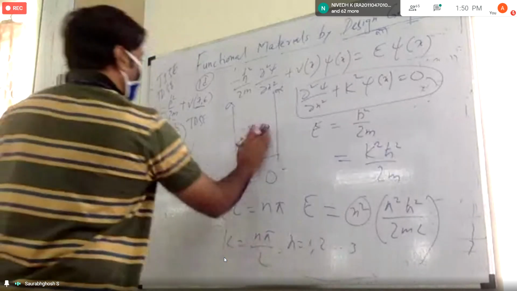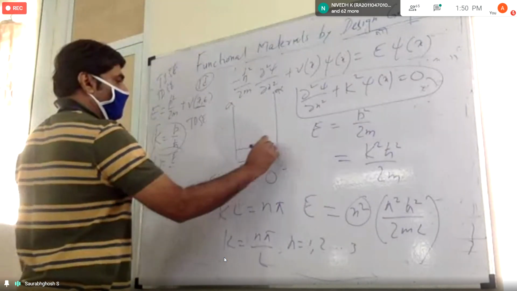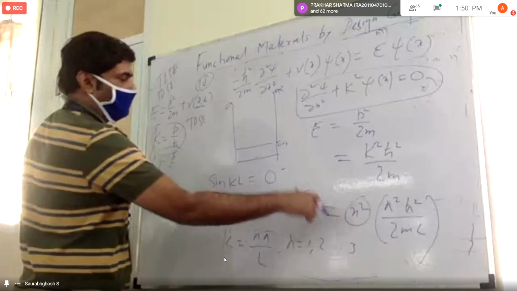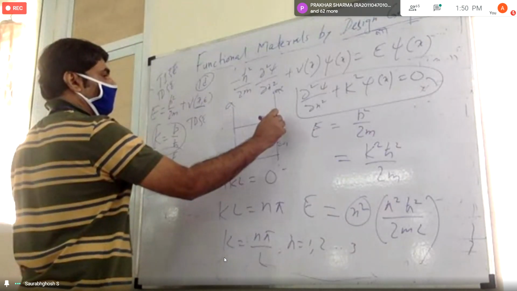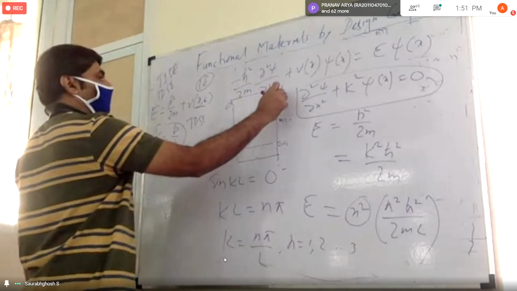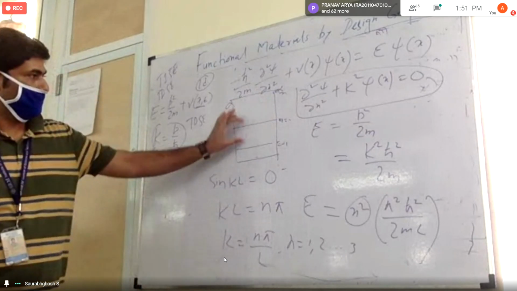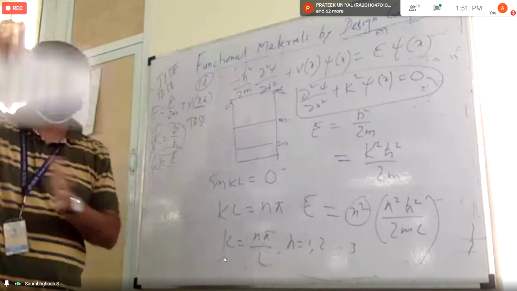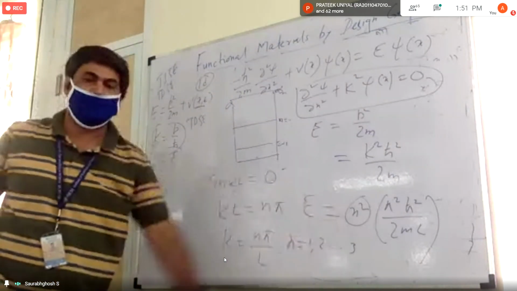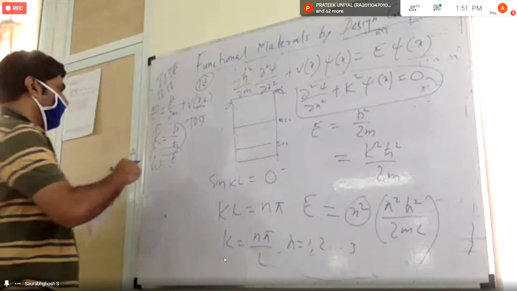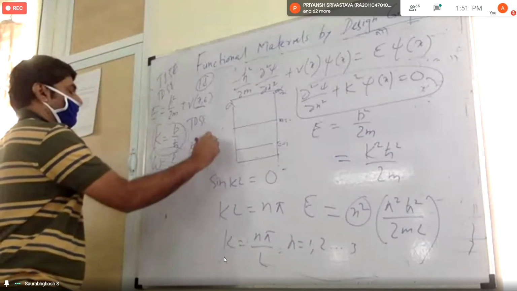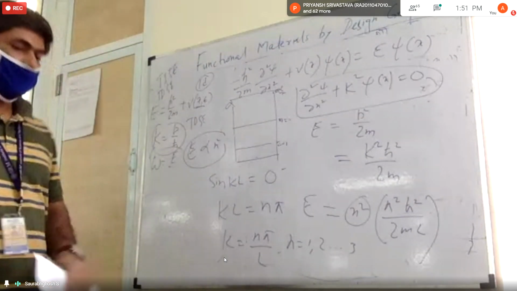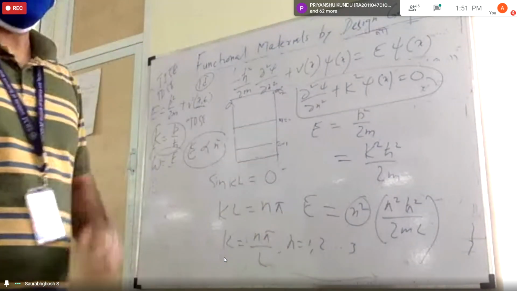If you draw the energy levels, this is n equal to 1, this is n equal to 2, this will be n equal to 3. So the gap is not equal, the gaps will be increasing, because E is proportional to n square. That's how the energy is discretized.